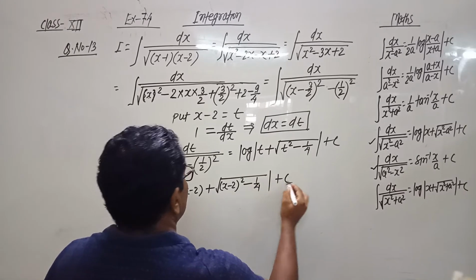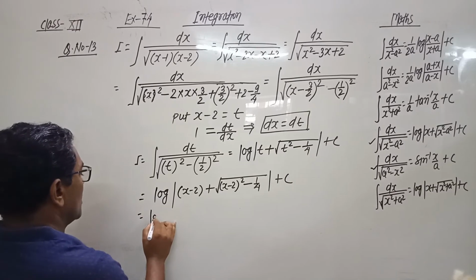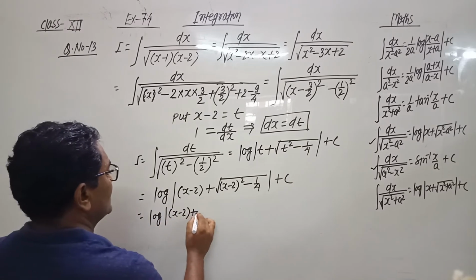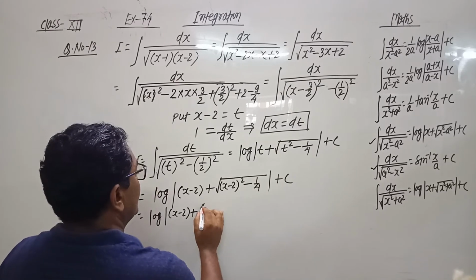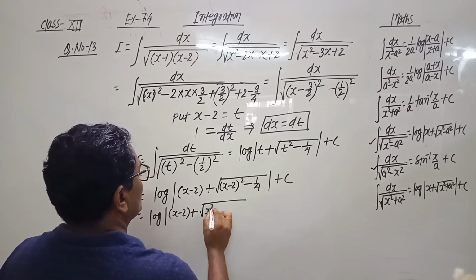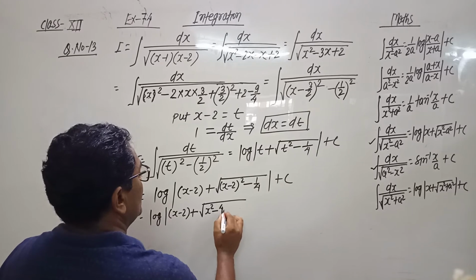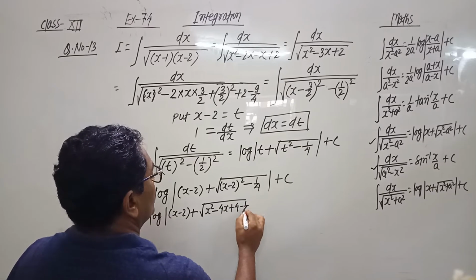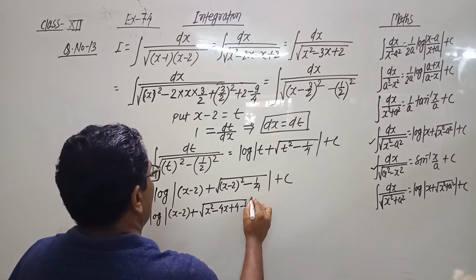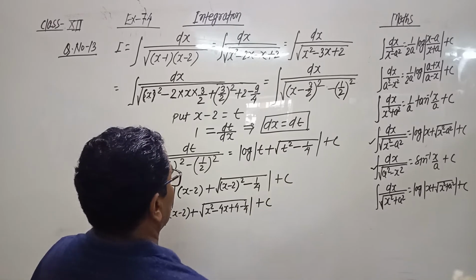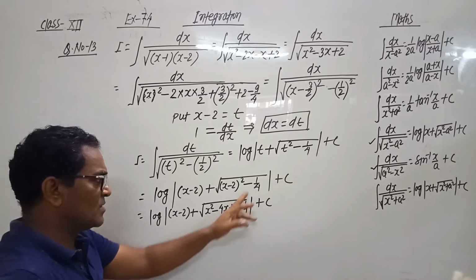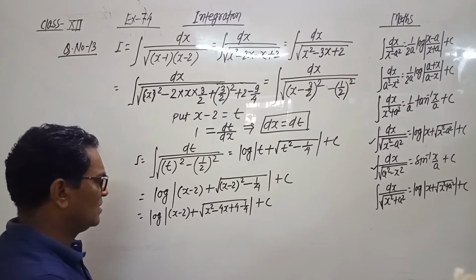Expanding: x square minus 2ab, minus 3x, plus 9 by 4, minus 1 by 4, a square minus 2ab plus b square and minus 1 by 4.